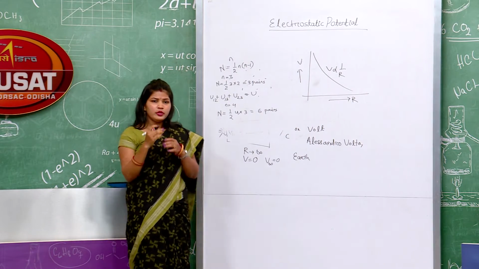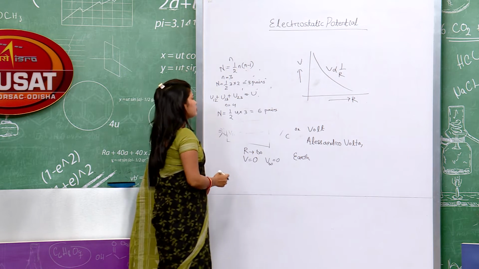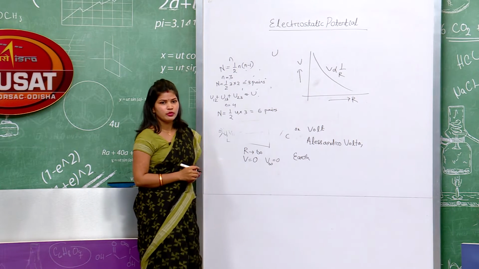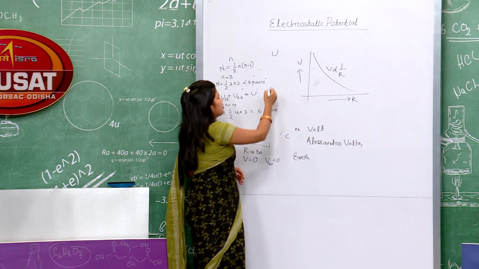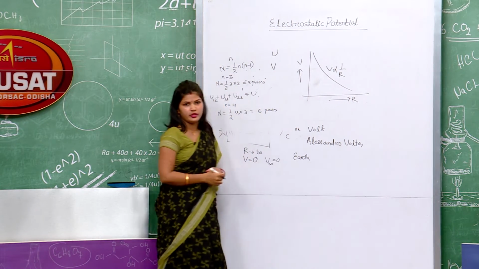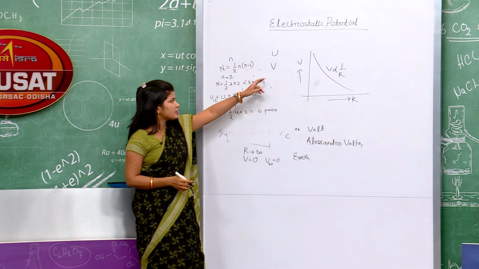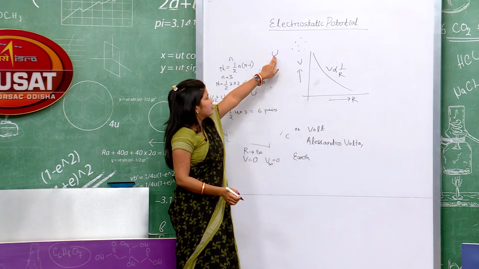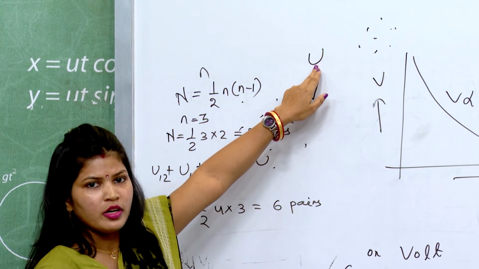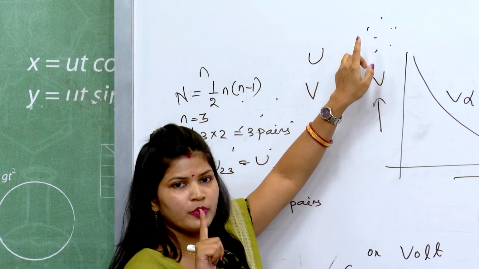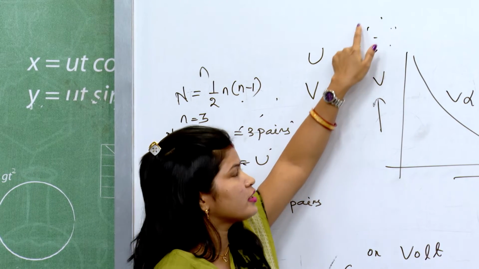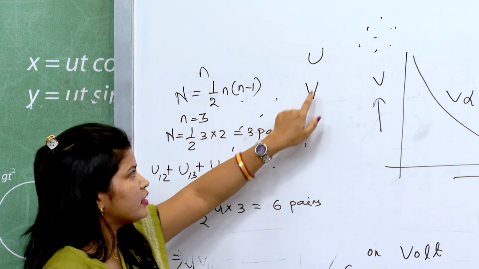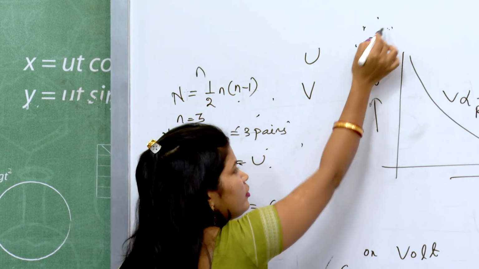Okay. So, students, never confuse between the electric potential energy U and the electric potential V, because suppose you have a collection of charges, then the electric potential energy U has only one value and this belongs to the system, but electric potential is different from point to point.